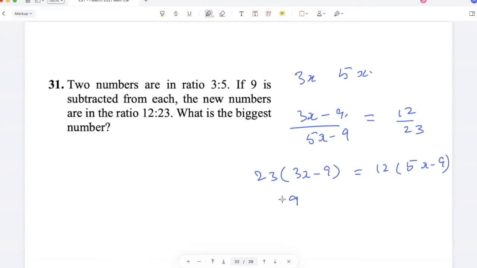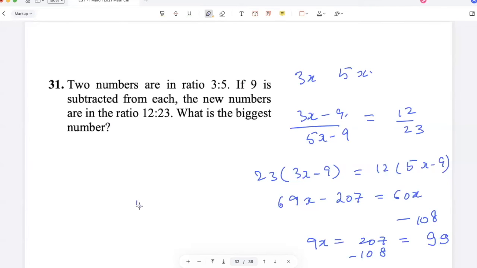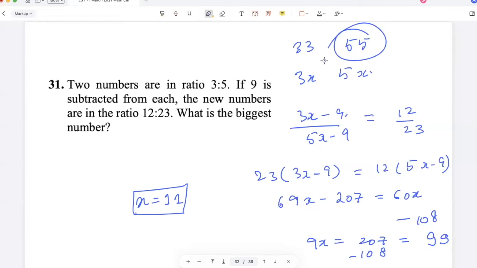So 69x minus 207 is 60x minus 108. So 9x is 207 minus 108, which is 99. So x is 11. Now, if x is 11, then the numbers are 33 and 55. So the bigger number is 55.